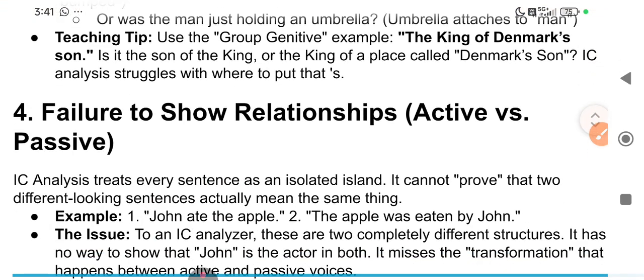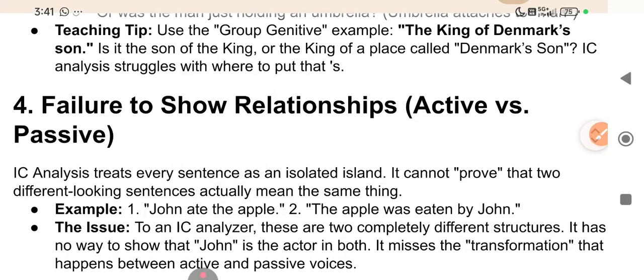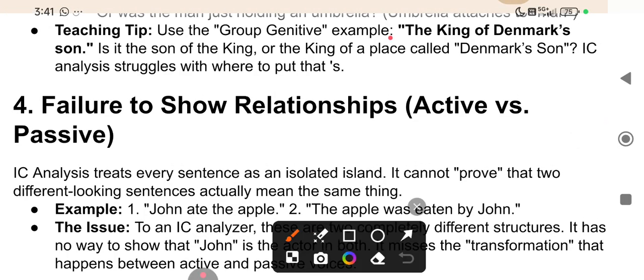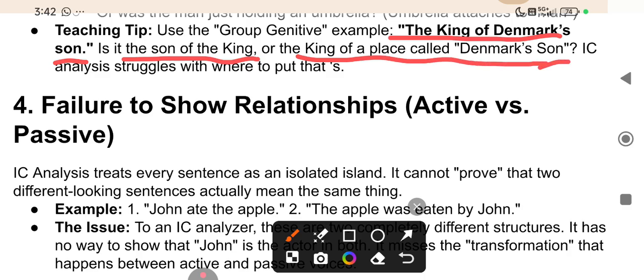So use group genitive, example, the king of Denmark's son. So here, is it the son of the king, or the king of a place called Denmark's son? King of a place, that is the name of the place.